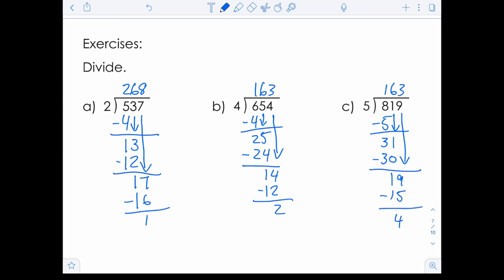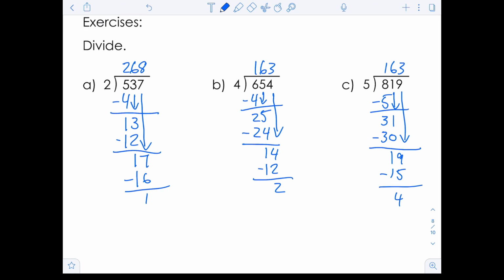Subtract, 4 left over. We are pretty much done. All the numbers left over at the bottom become our remainders. So here we have 268 remainder 1, 163 remainder 2, and 163 remainder 4.